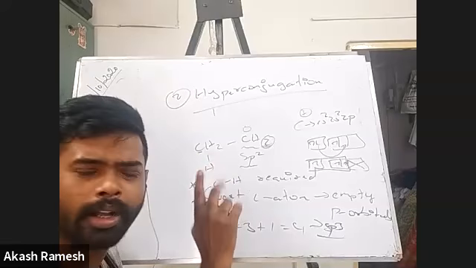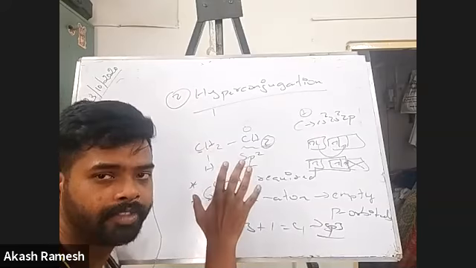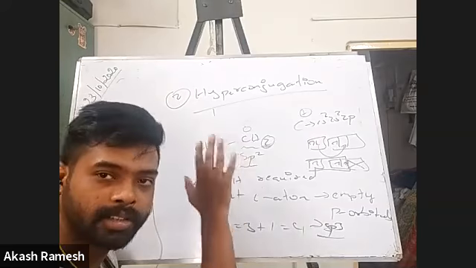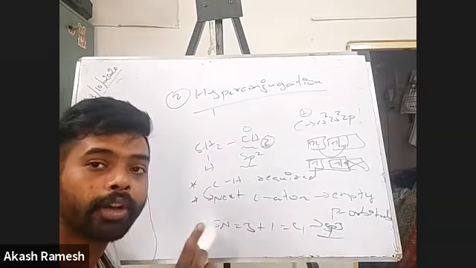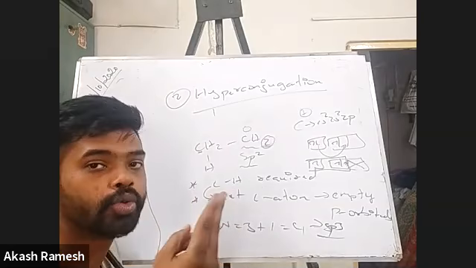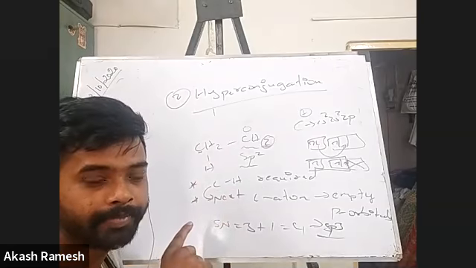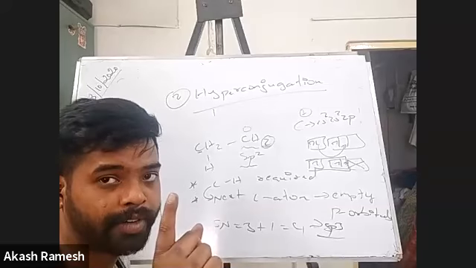There is no positive charge, no negative charge, this is neutral. So here also I have only 4 electrons in the valence shell. Out of the 4 electrons, 3 are involved in bonding with 2 hydrogen atoms and 1 carbon atom, right? So how many electrons are left out? Only 1 electron is left out.